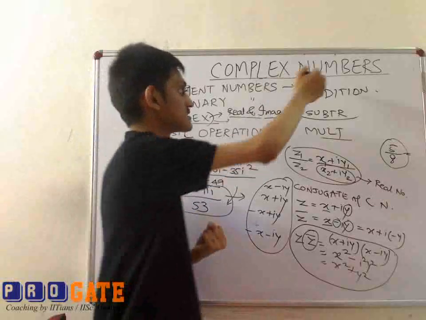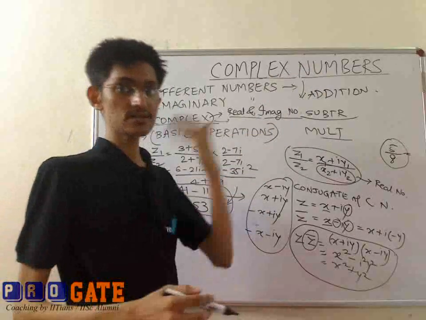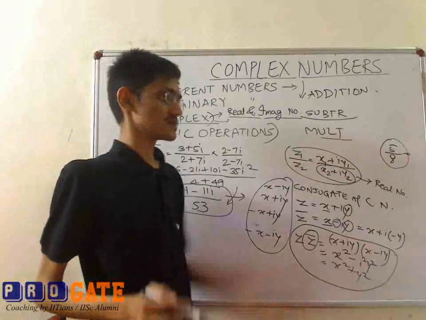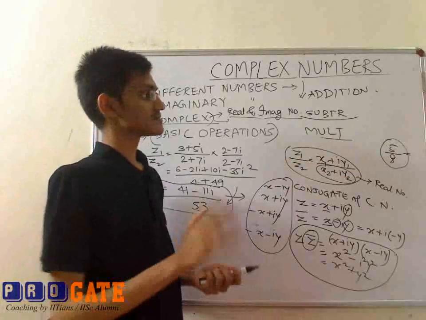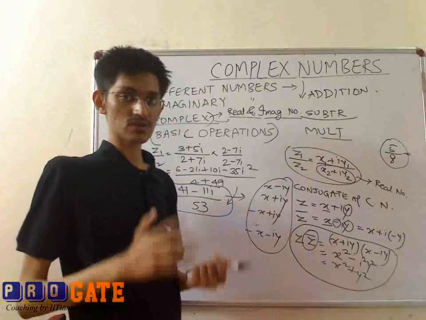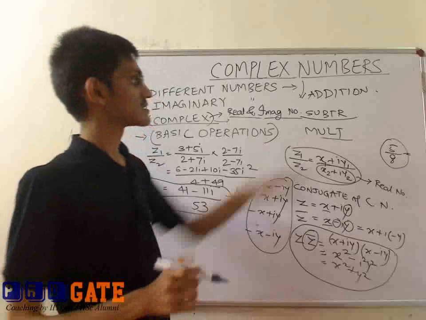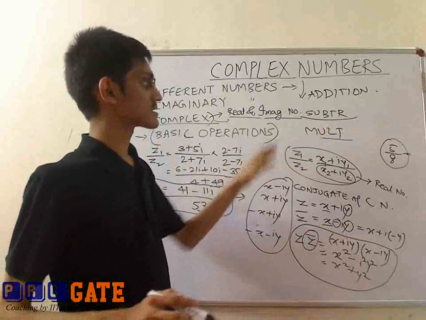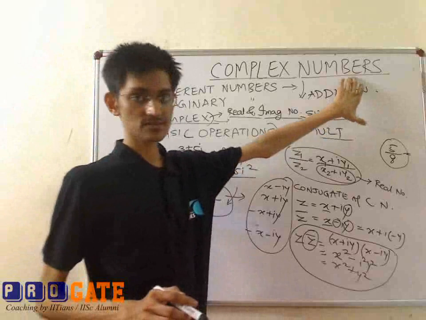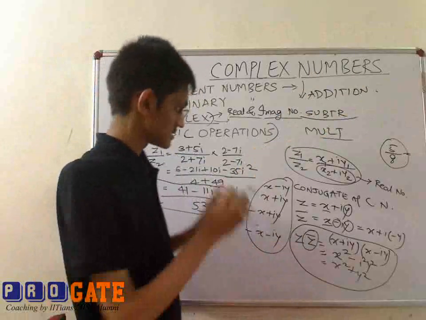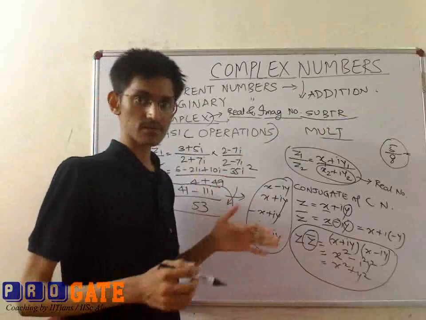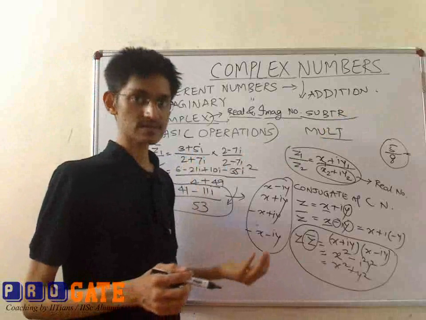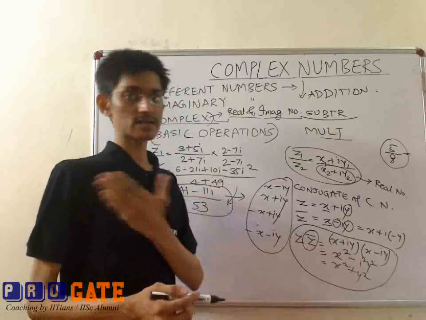So understand the theory of complex numbers, and later complex functions become important. From the GATE point of view, generally it has been 2 to 3 questions, but on average you can expect 2 questions from complex numbers. The topic within complex numbers is not so vast: basic operations, then De Moivre's theorem applications, and going further, complex functions.